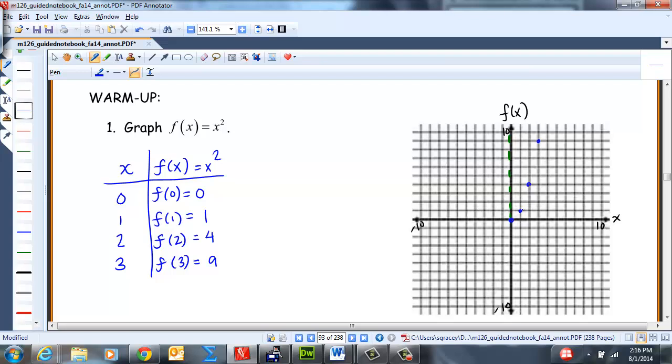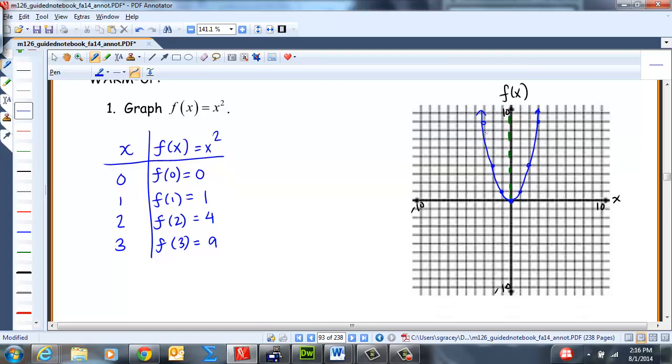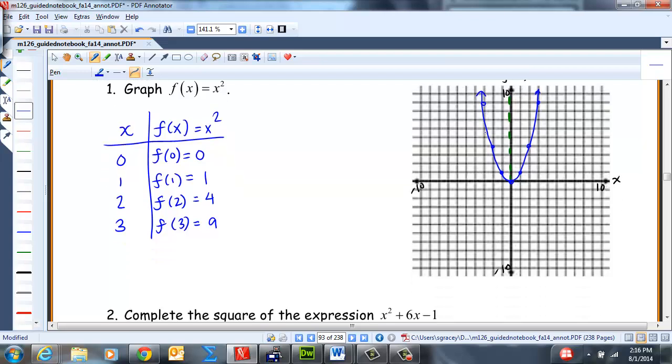So we'll have 1 unit to the left, we'll have the same y value. And again, with this one, 2 units away, we're up at 4. And 3 units away, we're up at 9. And then we make the picture of our graph. And we're good to go. How'd you do? You do okay? Awesome. All right.